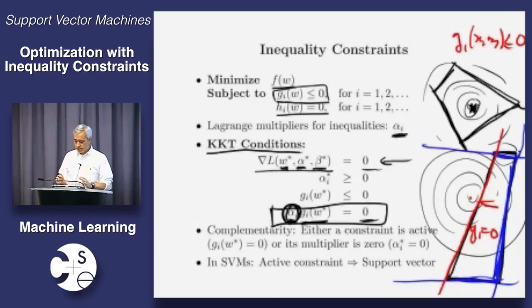So the bottom line here is that solving this problem with inequalities is just the same thing as solving a problem where, this problem that I have here has no equalities. It's the function and these 4 inequalities. And what I'm saying is that solving the problem with these 4 inequalities is the same thing as solving a problem where 3 of them are completely ignored and 1 of them became an equality.